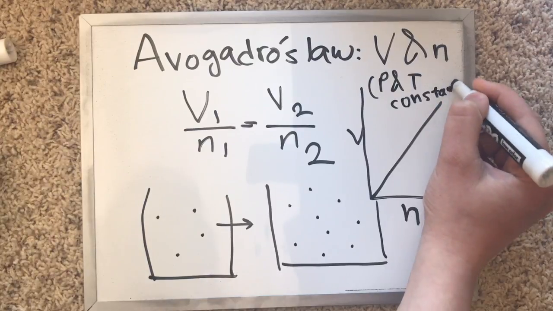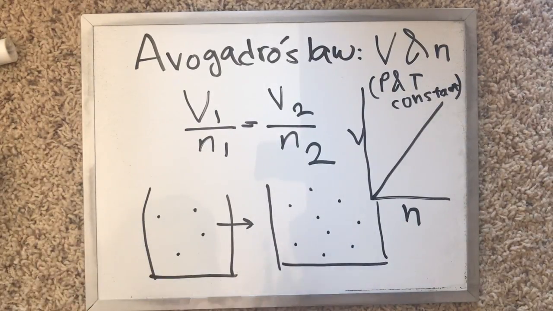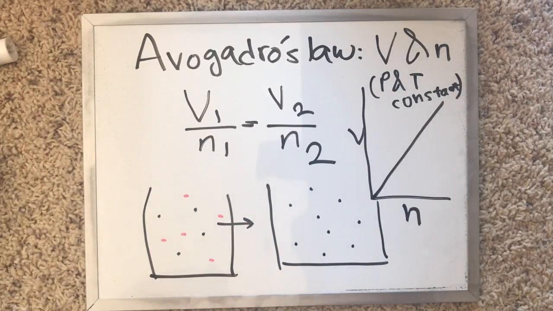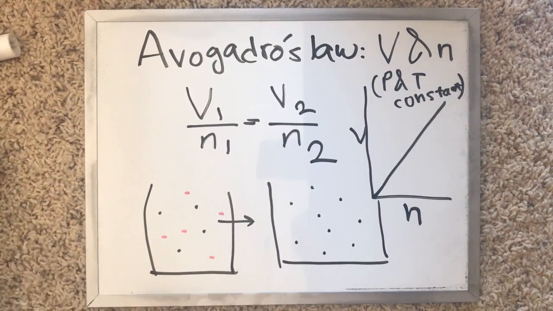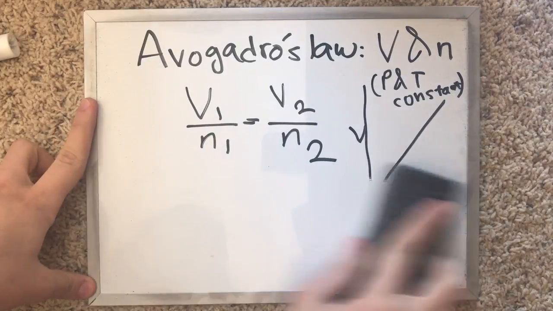To maintain the same pressure, the volume has to expand, because if not, and we add 4 more moles, then the collisions with the walls of the container are going to be more, and pressure is going to increase. So the volume has to expand in order for the pressure to stay constant.